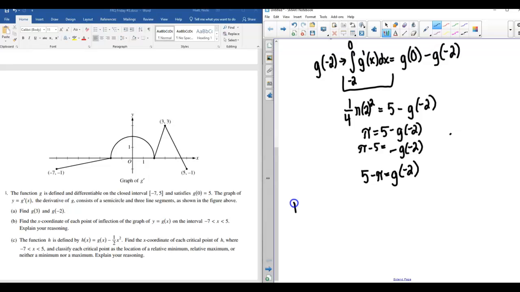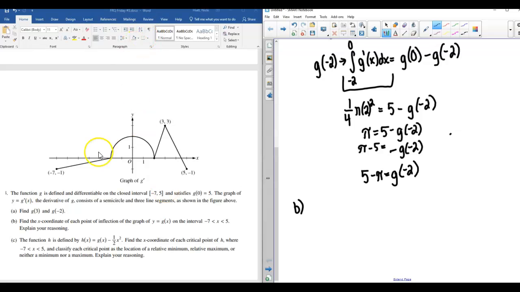For part B, they ask us to tell the x-coordinate of each point of inflection of the graph of y equals g of x. So we are looking at the derivative of g of x. Points of inflection are going to happen whenever our second derivative changes signs, and that is going to happen whenever our first derivative changes from increasing to decreasing.